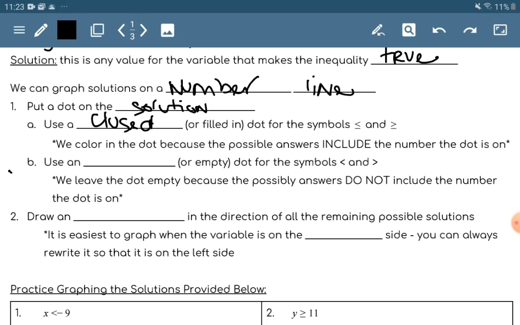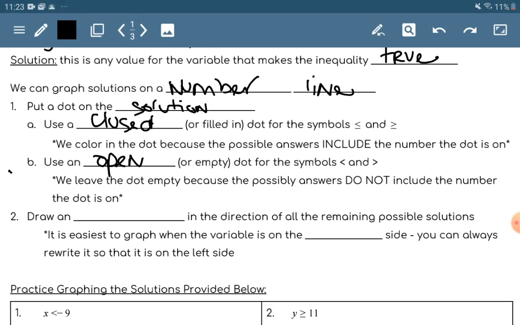We color or close in that dot because all of those possible answers include the number the dot is on. So we're going to color it in like a bullseye. The other option would be an open dot, and we use that for less than and greater than. And we leave that dot empty because possible answers do not include the number that the dot is on.